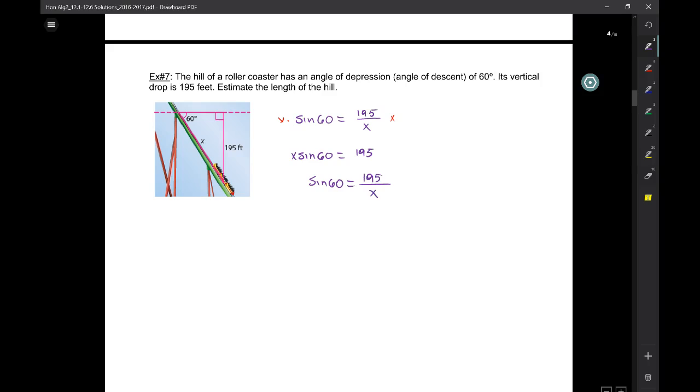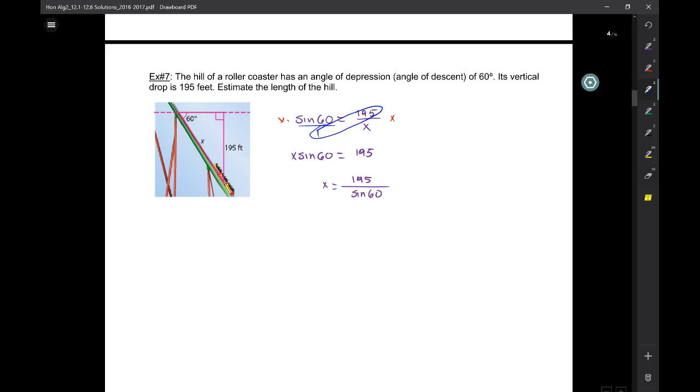Okay. Whoa. I did the same thing. I totally wrote the same thing over again. Okay, so X is 195 over sine of 60. And if you remember, those of you that were in my class last year, if this is over 1, and if you had 1 missing, look at the diagonal that's complete.